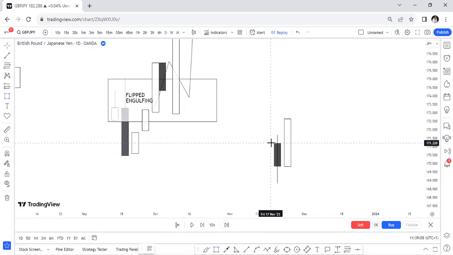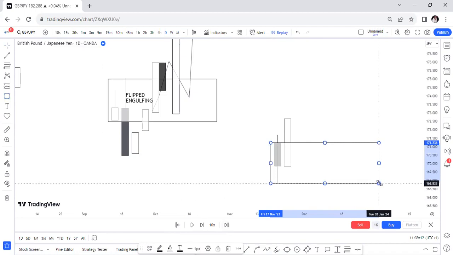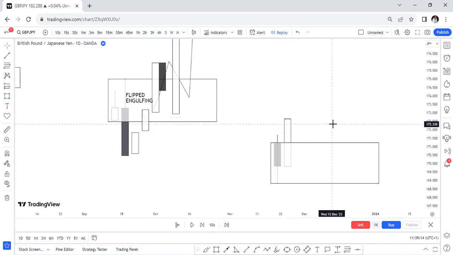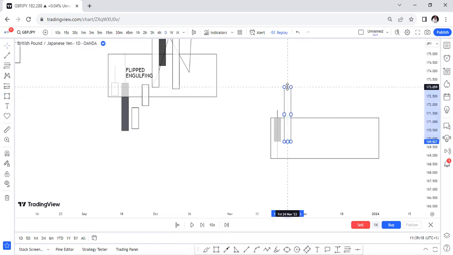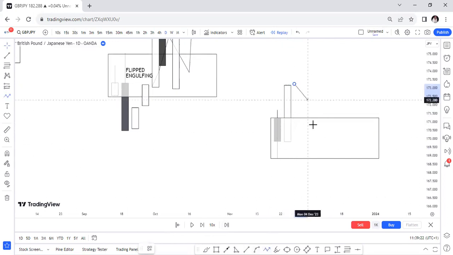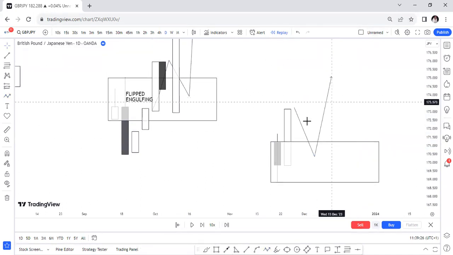So what you need to do is mark out this zone, looking for price to come into it. So this is a bullish engulfing pattern. That means our expectation is that price will come into the zone, so we buy into it, moving higher.